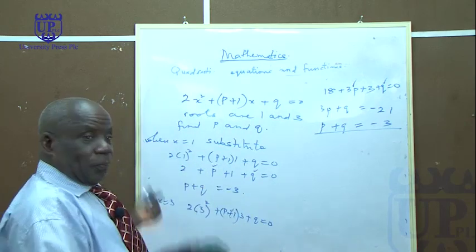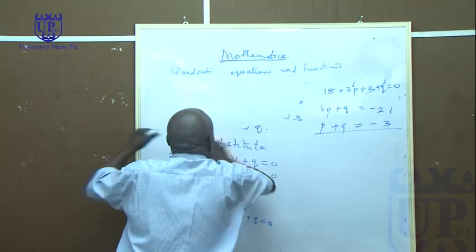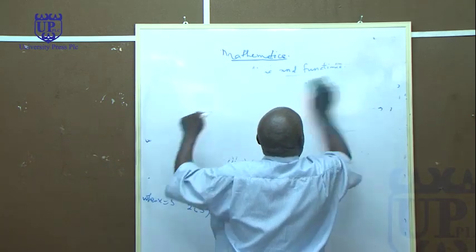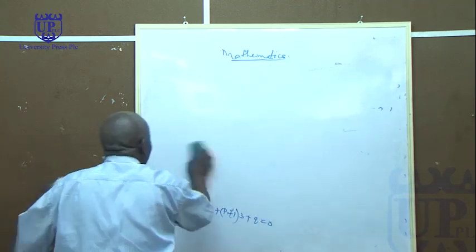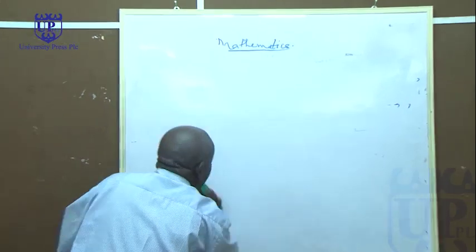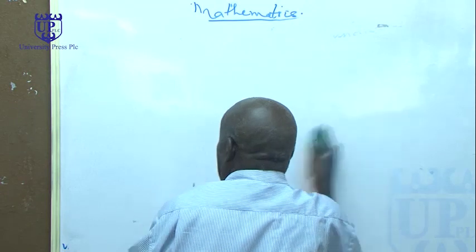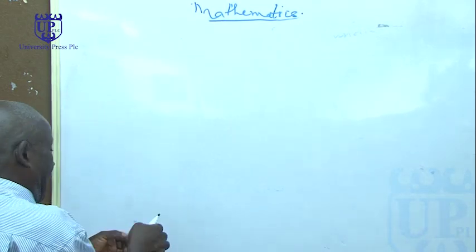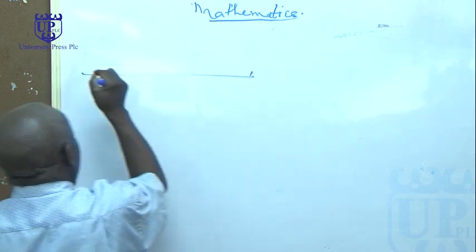I only want to put it on the board. What I'm saying is, on a journey of 300 kilometers, the driver calculates that if he reduces his average speed by 10 kilometers per hour. Now, this is the total journey, 300 kilometers.